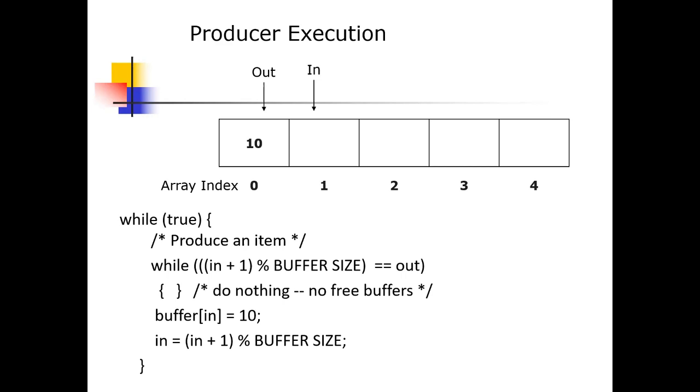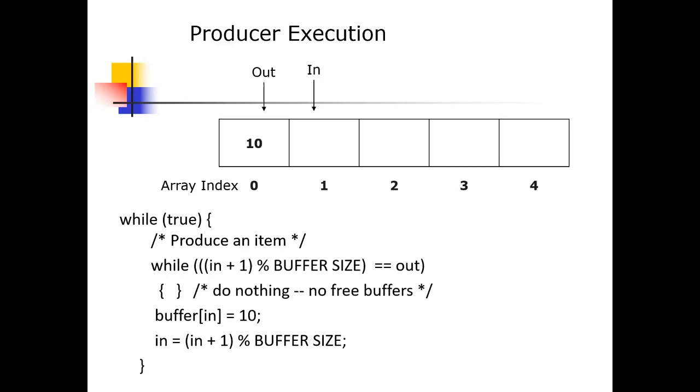False, because 1 plus 1 is 2, 2 mod 5 is 2. Out is 0. 2 equals 0 is false. Then what do we do?